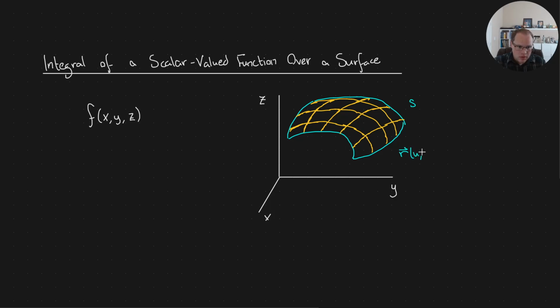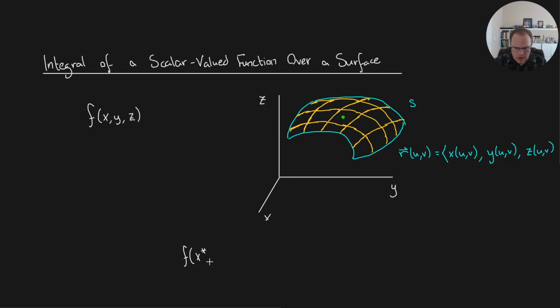Okay, so we can parameterize it so we would know the x point and the y point and the z point. All right, so imagine we want to estimate what our integral is going to be over just one little square of this surface. All right, so what we're going to do is we're going to take a sample point, doesn't matter which, as long as it's within the square we're looking at.